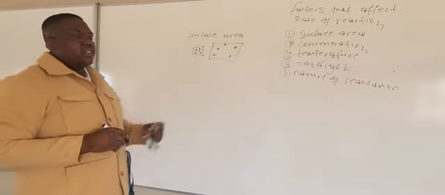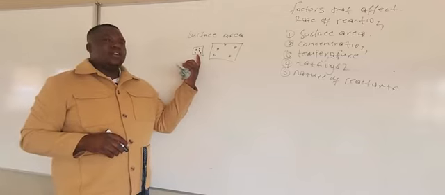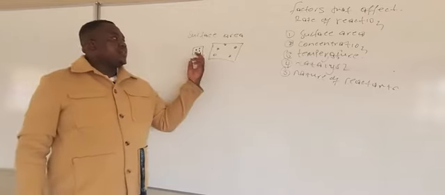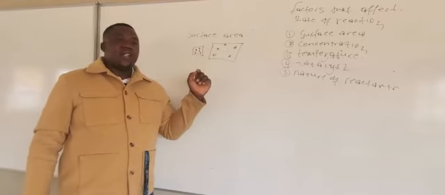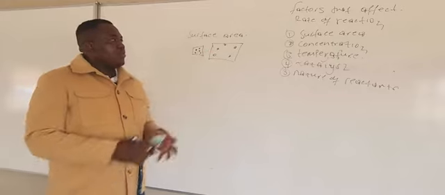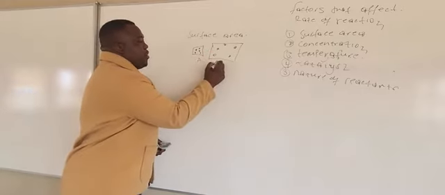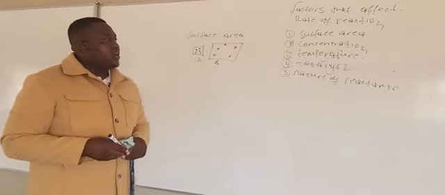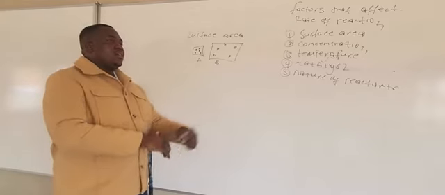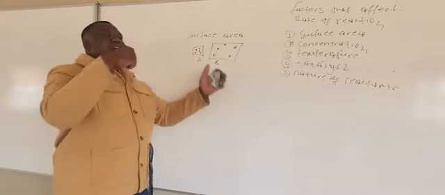You see here, this one has the smaller surface area, this one has the larger surface area. If the molecules inside were to collide, in which one between A and B will the collision be harder?